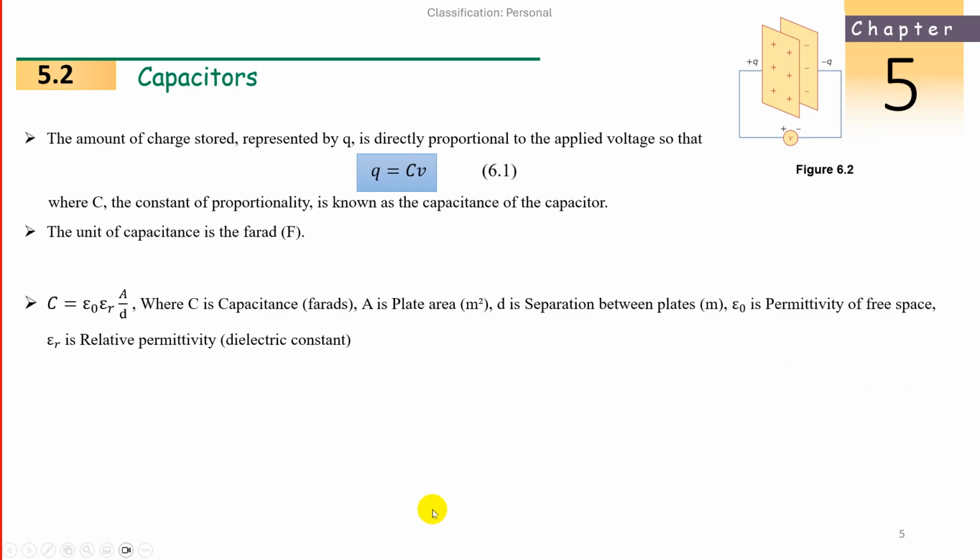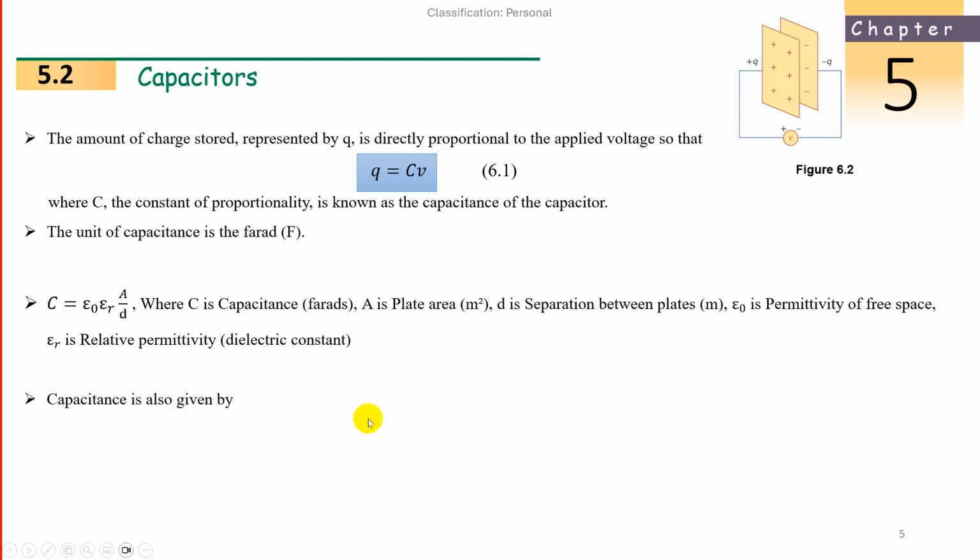Epsilon R is the relative permittivity or dielectric constant, meaning what we are keeping inside. Sometimes we may keep mica, sometimes wood, sometimes porcelain. Many things we can keep inside as a dielectric insulator. So that value.